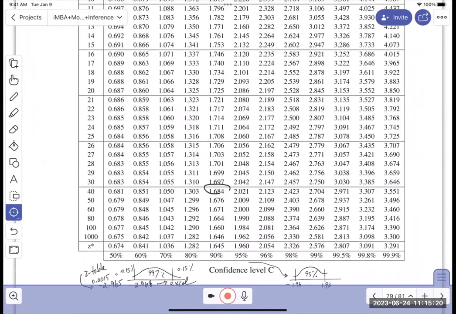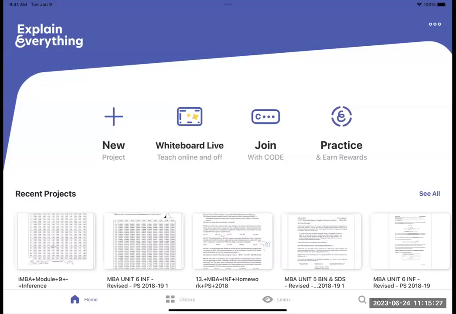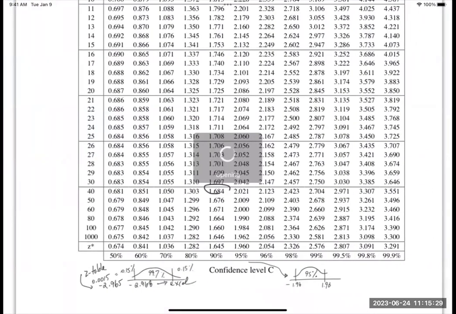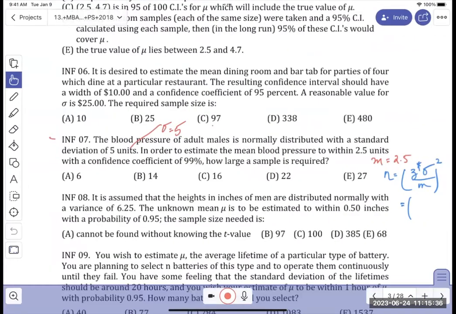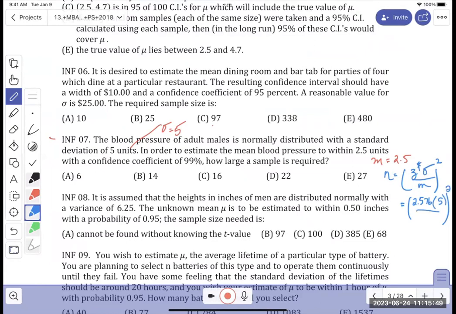Right, 2.576. Okay, so we put 2.576. Sigma is 5. M is 2.5. And what's the answer?